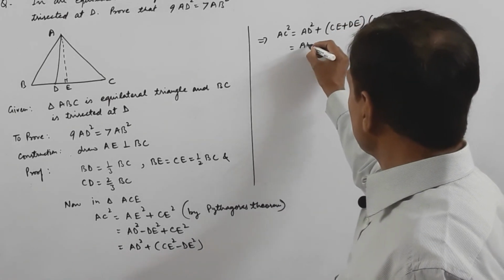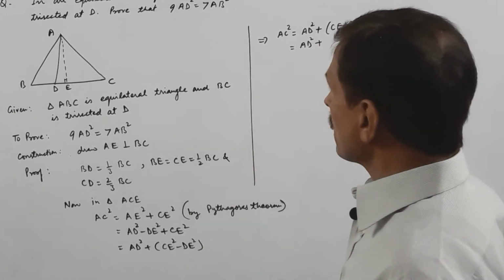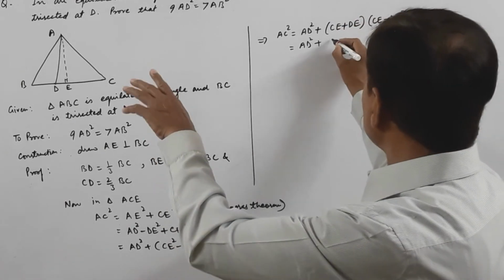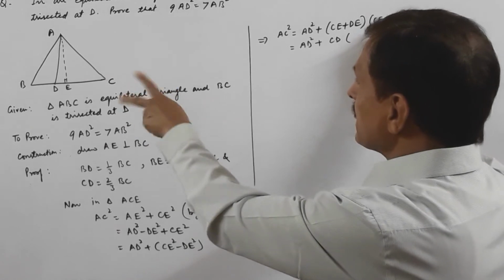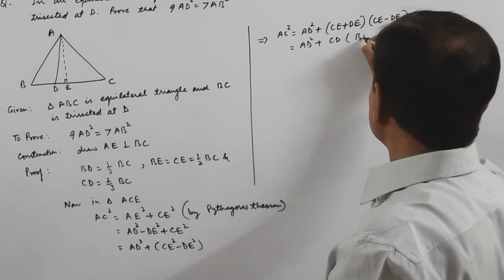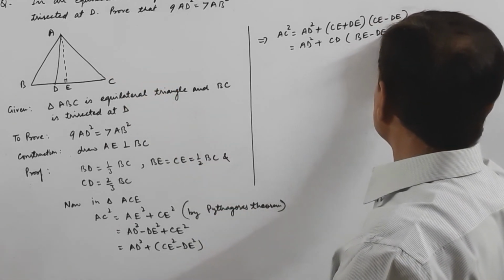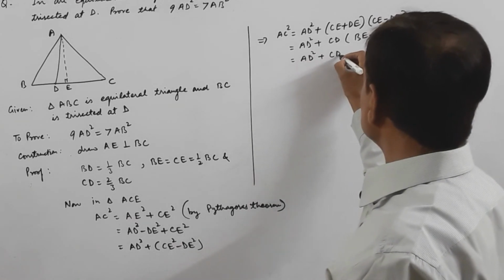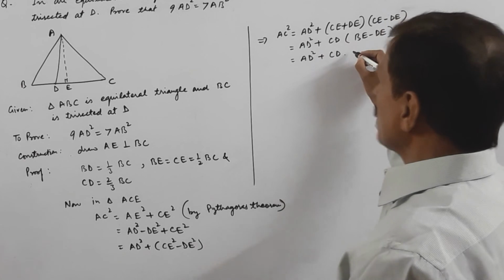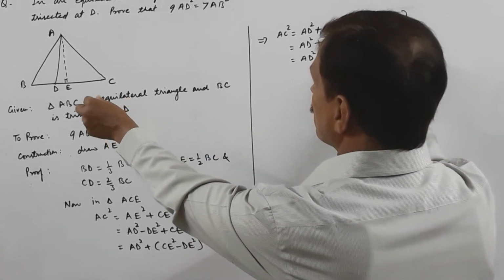This is AD² plus (CE plus DE is equal to CD), and CE may be written as BE, so BE minus DE is equal to BD.